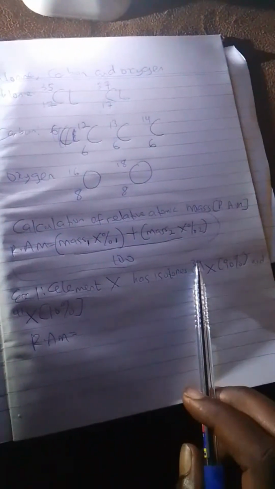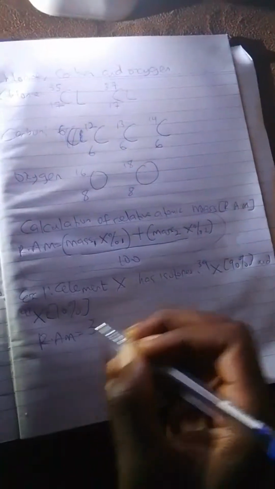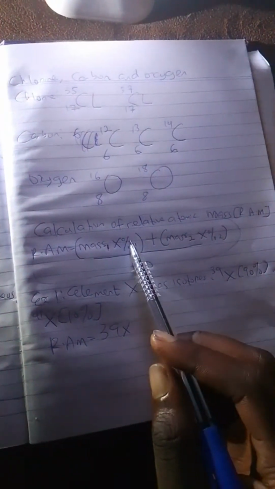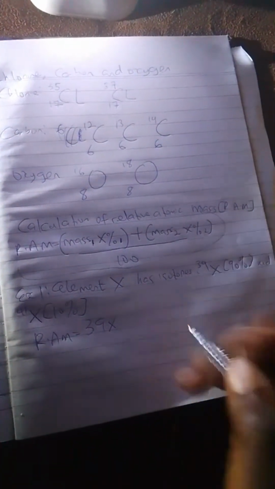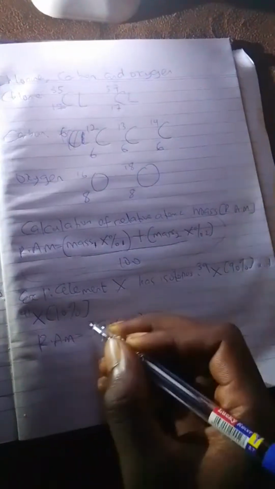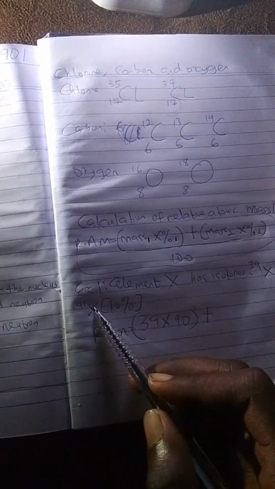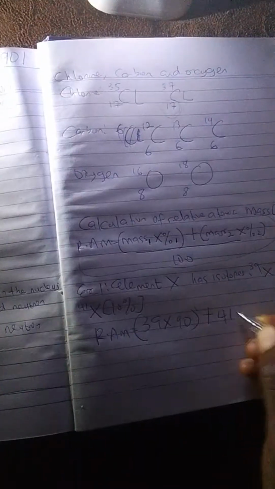So our atomic mass is 39 multiplied by our first percentage, 90%, open bracket, close your bracket, plus our second mass, which is 41, multiplied by 10, all over 100.